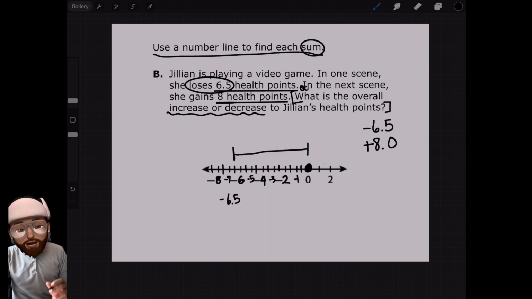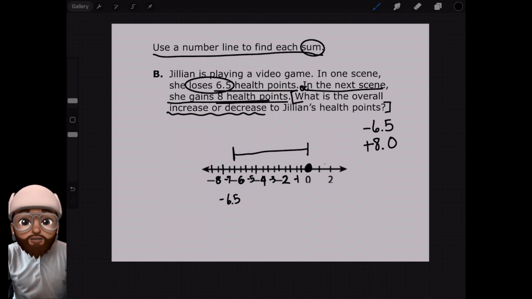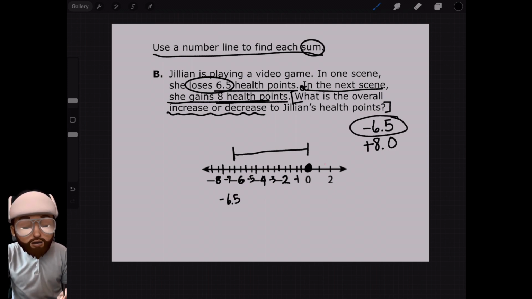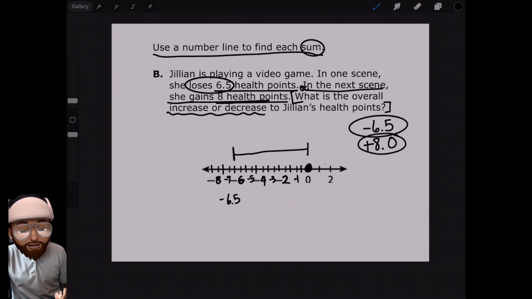So now it says in the next scene, she gains 8 health points. So what this means is the first scene has already happened to where she lost the 6.5 health points. Now, from that negative 6.5 point, we need to go up 8. So what's the big difference?